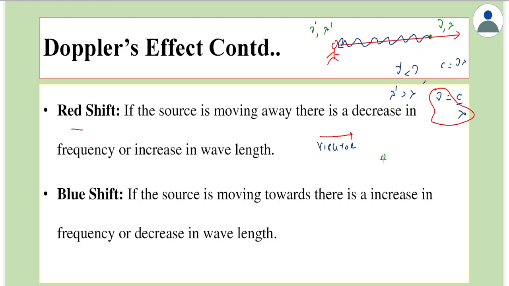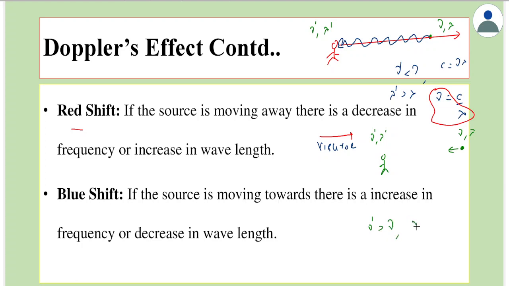Similarly, when the source approaches the observer, if the frequency emitted is nu and wavelength is lambda, and the frequency and wavelength received are nu dash and lambda dash, then since the source is approaching the observer directly, nu dash would be more than nu.